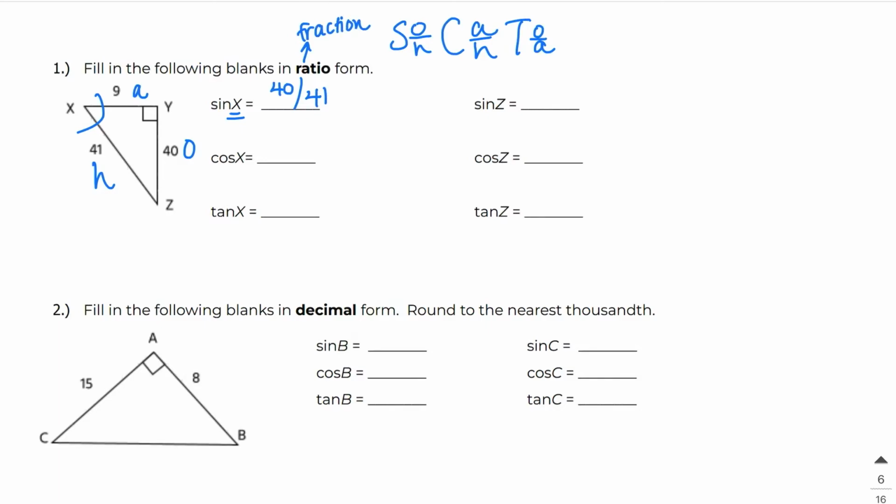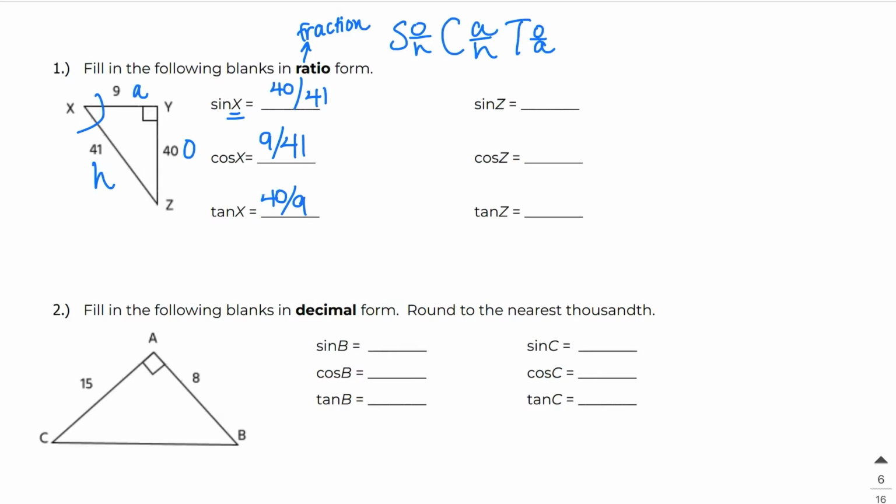Cosine of x would be adjacent over hypotenuse. The adjacent is 9, the hypotenuse is 41, so this would be 9 over 41. And then lastly, tangent is opposite over adjacent. The opposite is 40, the adjacent is 9, so this would be 40 over 9.